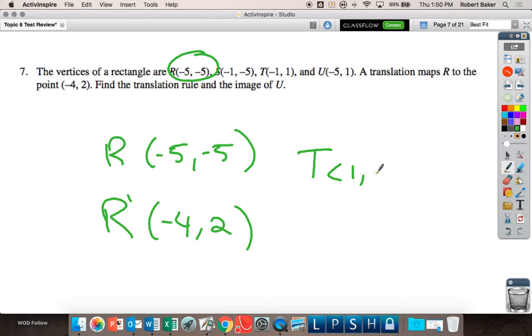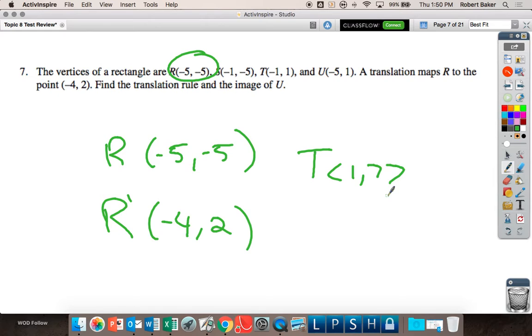So if I add these two together, or I subtract those two, you should get the +1. That's moving from -5 to -4. That's one direction to the right. And I went from -5 to +2. What's the difference between those two numbers? 2 minus -5. 7. So the translation rule is I went 1 to the right and 7 up.